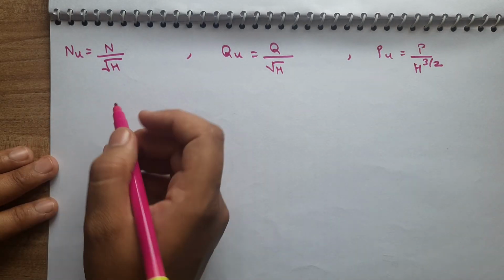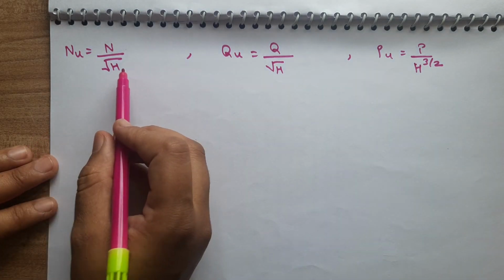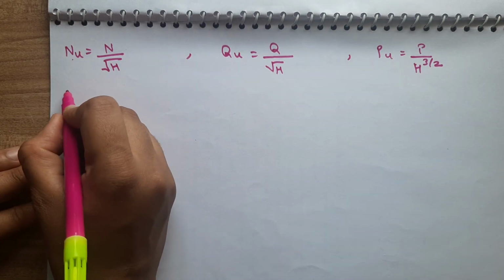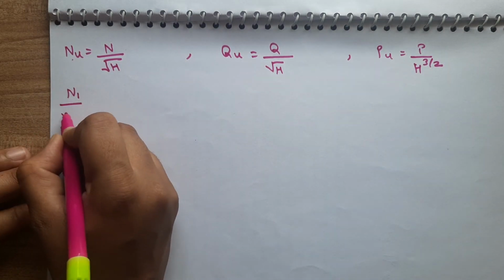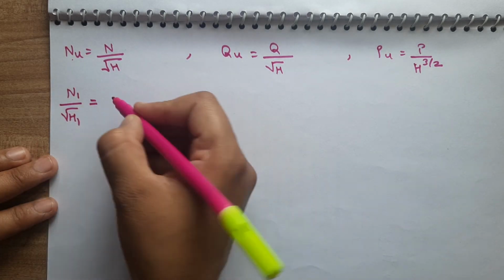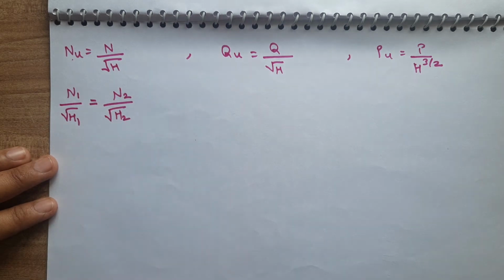So let's say we have different speeds for different heads. This is constant, so we can write it as N1 upon under root of H1, which will be equal to N2 upon under root of H2.